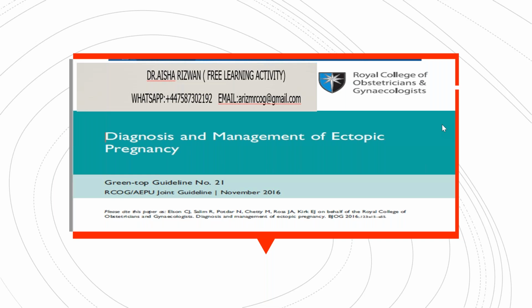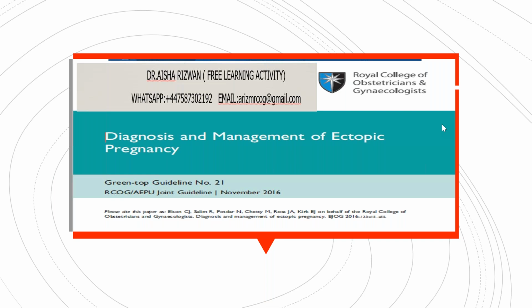We also need to tell them that if the levels become stuck, plateau, or start rising, then they will have to undergo further management. What further management can be provided in such cases? You will have to administer systemic methotrexate, or you will have to do salpingectomy.